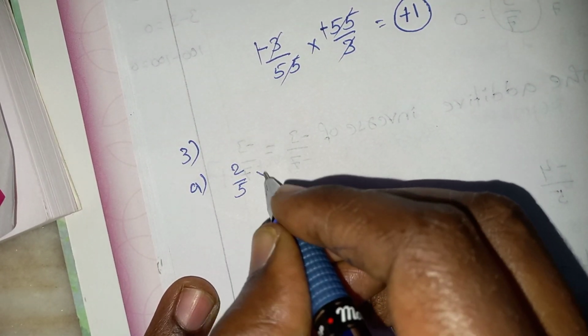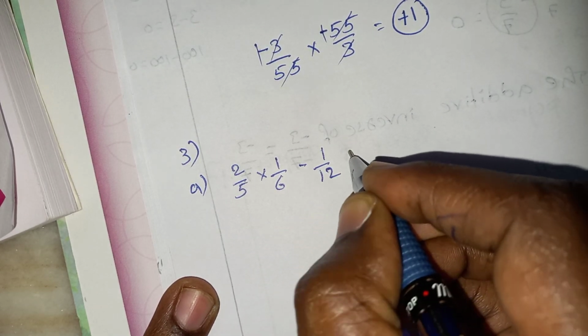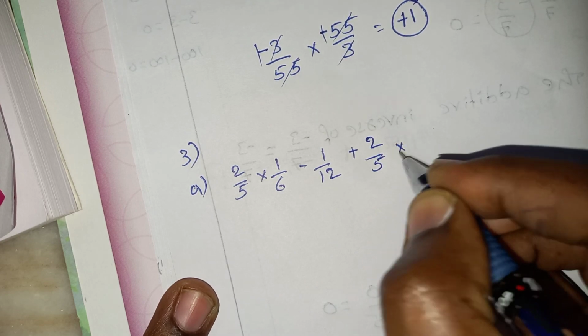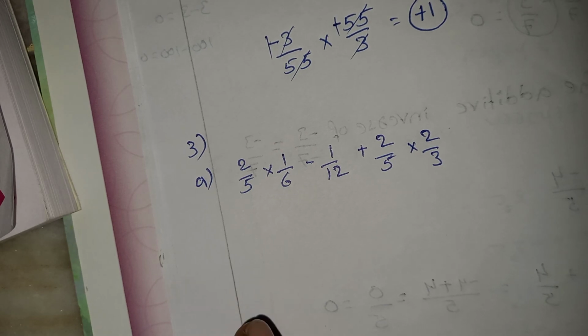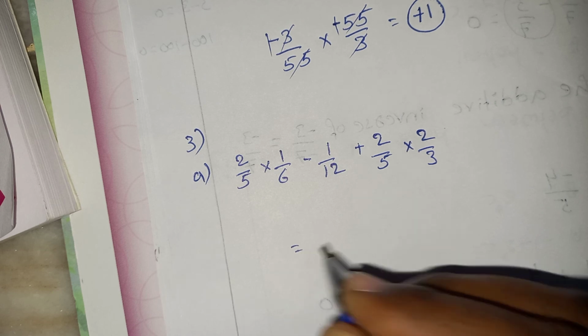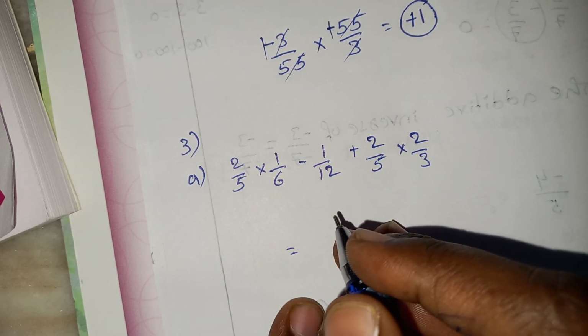2 by 5 into 1 by 6 minus 1 by 12 plus 2 by 5 into 2 by 3. Okay. Did you understand which expression this is? If you understand or not, no problem, I'll explain.